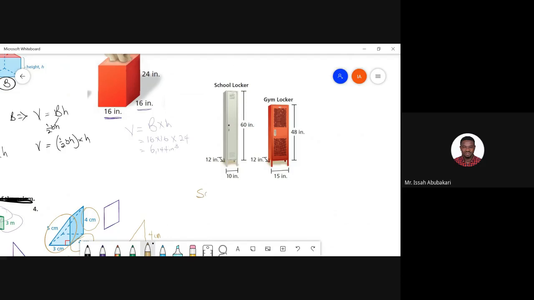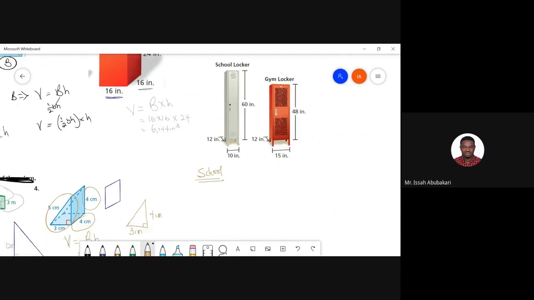So the school locker, the volume is going to be the base area times height. And what will be the base area? The base area is going to be 12 inches multiplied by 10 inches. And then we multiply by the height. And the height of this is what? 60 inches. Is that okay?